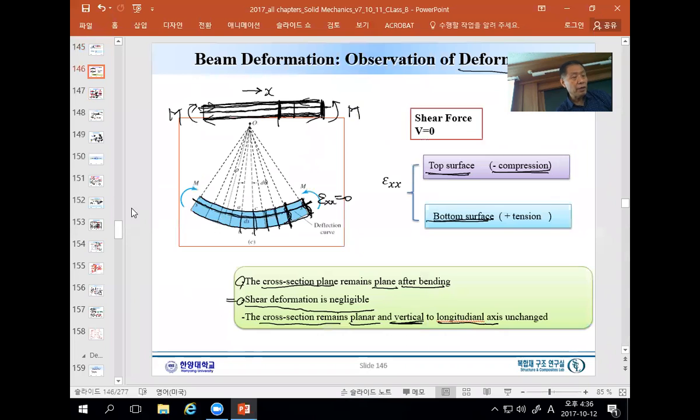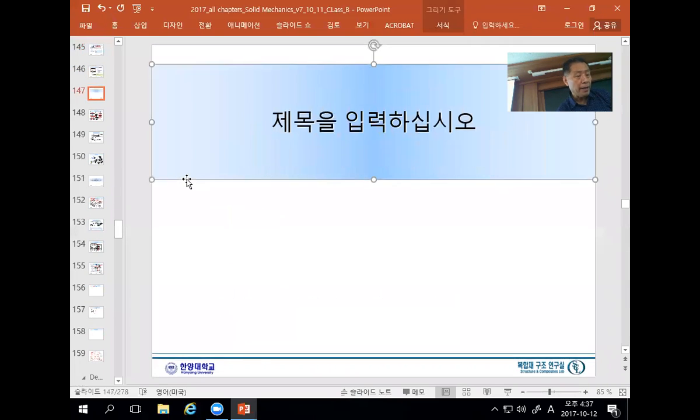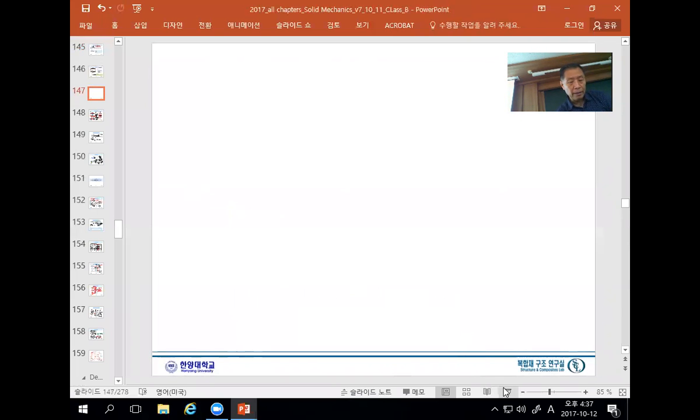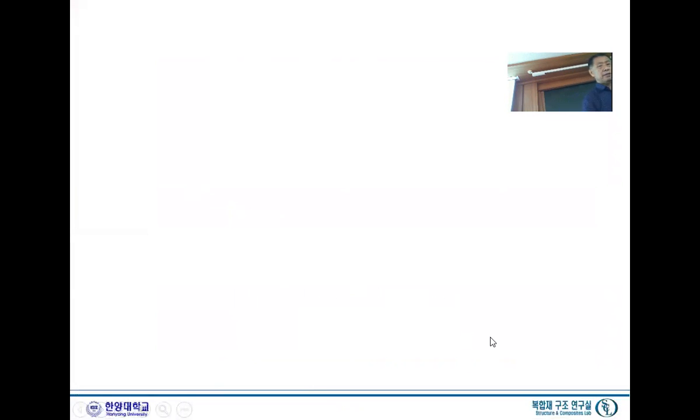Yes, you have to really pay attention, and bending is the most important and not straightforward. So I really want you to be careful. See, I'm trying to start with a simple bar, and what is the difference between bar and bending?